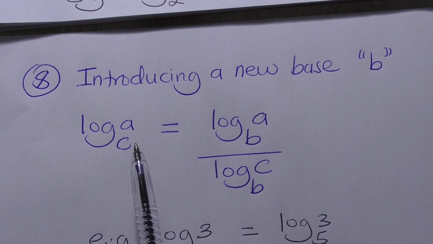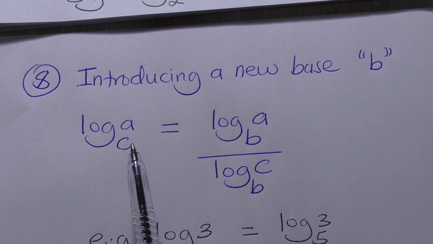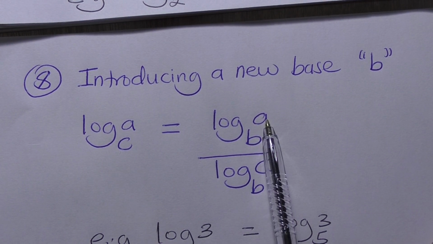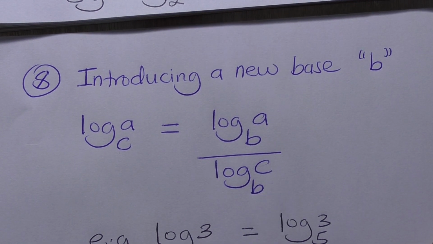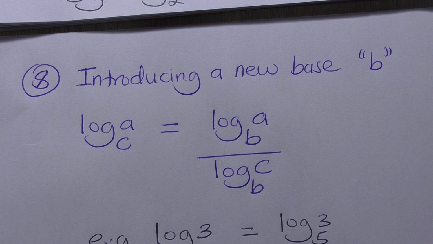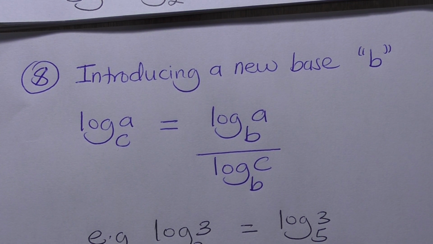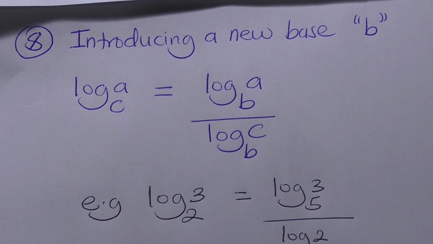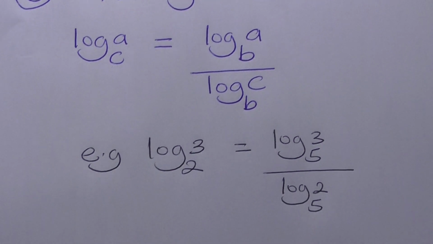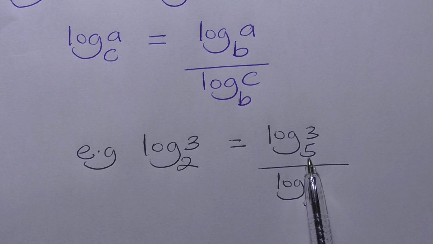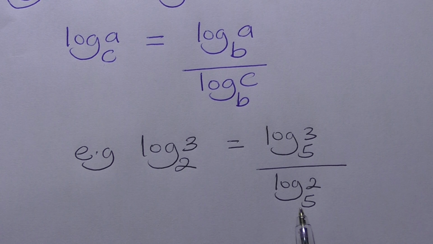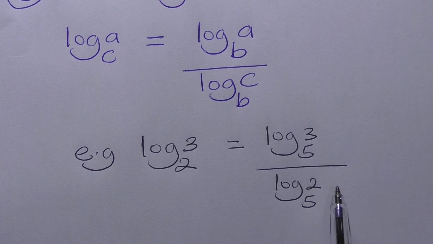So if we want to introduce a new base such that our log has the same base, then that will be log b power a divided by log b power c. That is how we can introduce a new base into the logarithm. For instance, we have log 2 power 3. So we are introducing base 5. That will be log 5 power 3 divided by log 5 power 2.